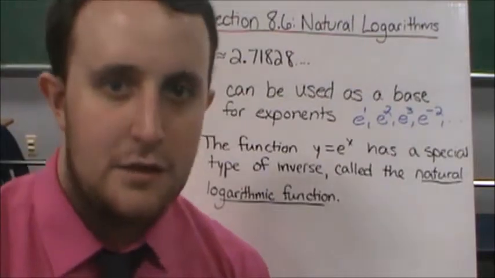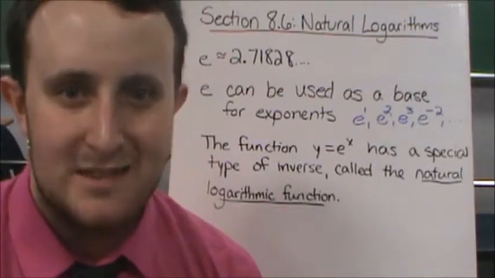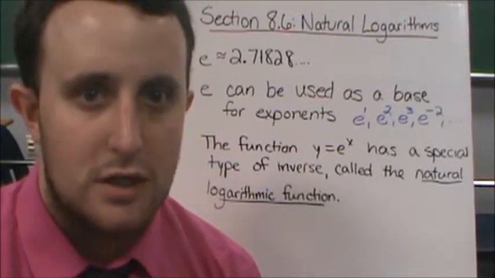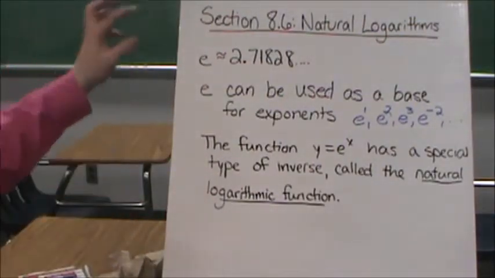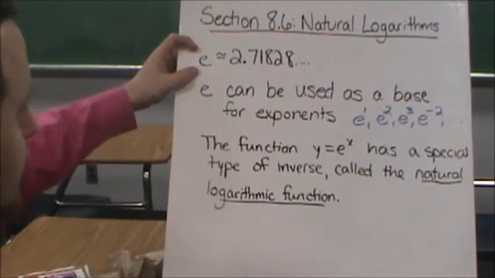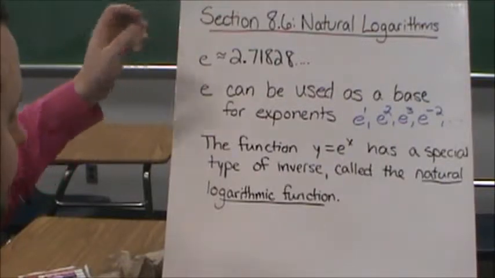This is the last video of Chapter 8, and it's on Section 8.6, covering natural logarithms. So a little bit of a refresher here. We have this number e, 2.71828 repeating.